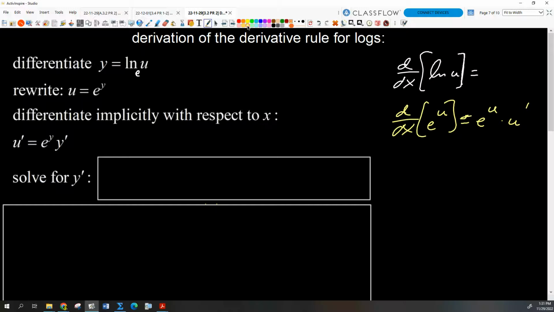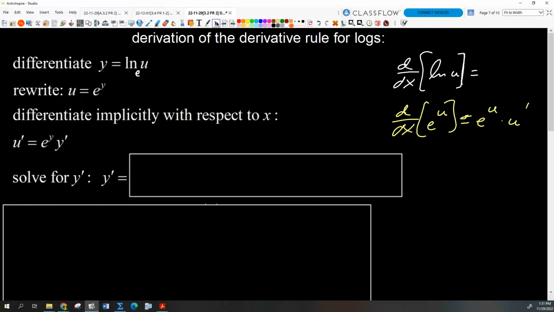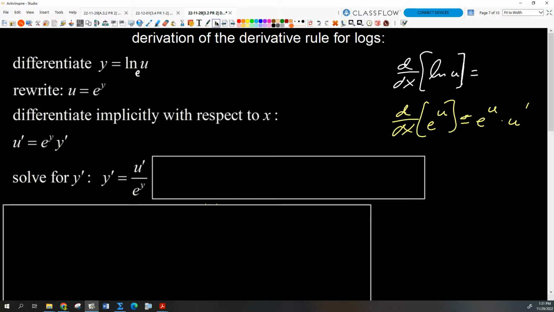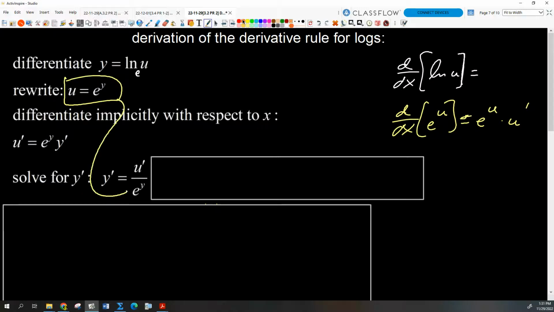If I solve for y prime, I get y prime equals u prime over e to the y. But what was e to the y equal to? u. Yeah, look at that, right?